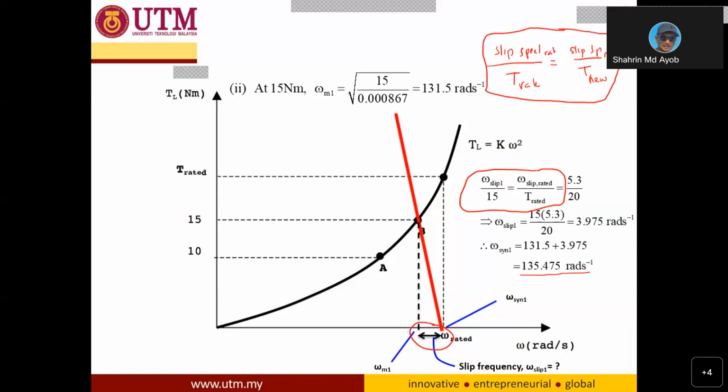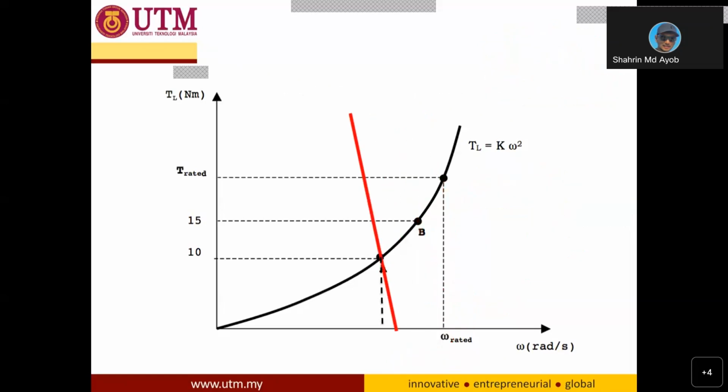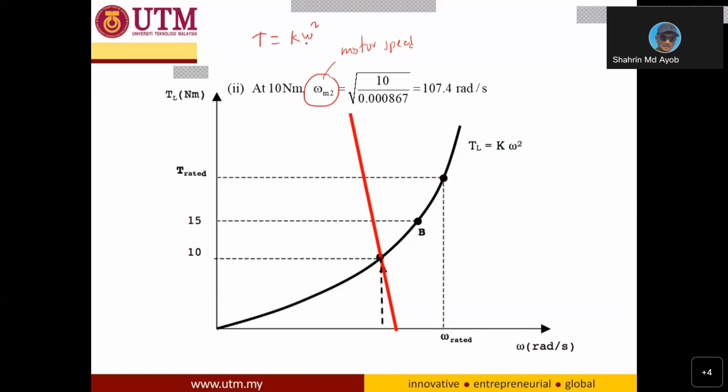Okay. Same case goes to when it is connected to point A. So what you need to do is actually you will obtain the motor speed. Okay. From this equation, torque is equals to K omega square. You can obtain this motor speed from this equation by substituting the T with 10 Newton meter and K is 0.000867. So you dapat this one. Okay. So this one is your motor speed. 17.4.